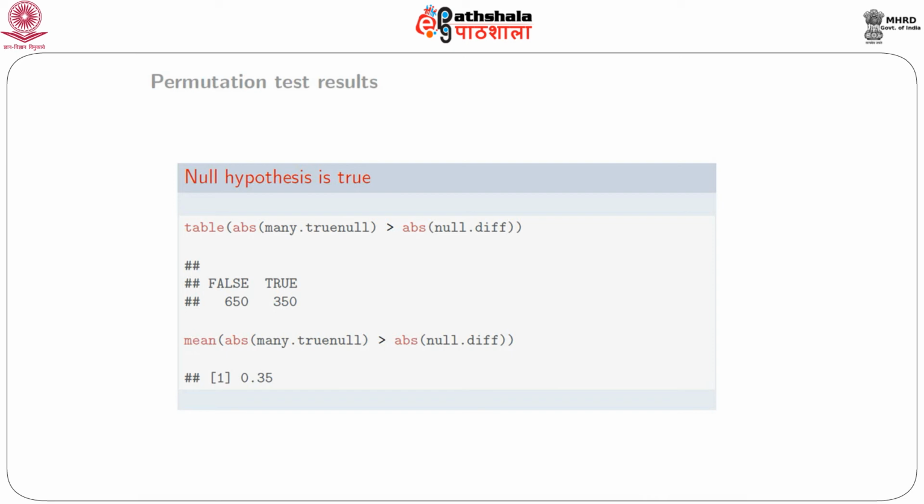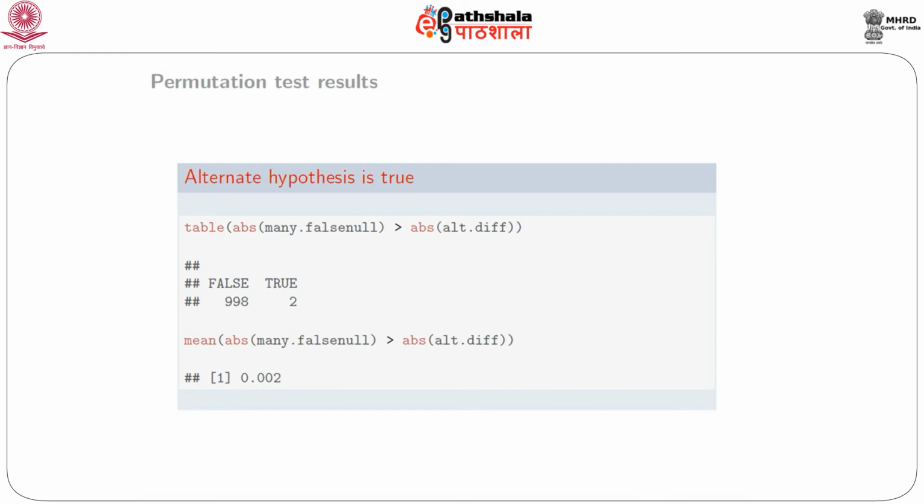That comes out to be 0.35. So, 35% of the permuted data sets are greater than whatever we have observed. So, the p value here comes out to be 0.35.